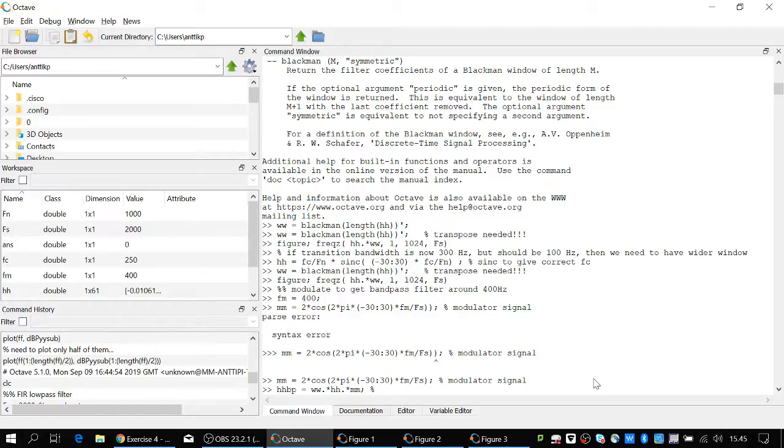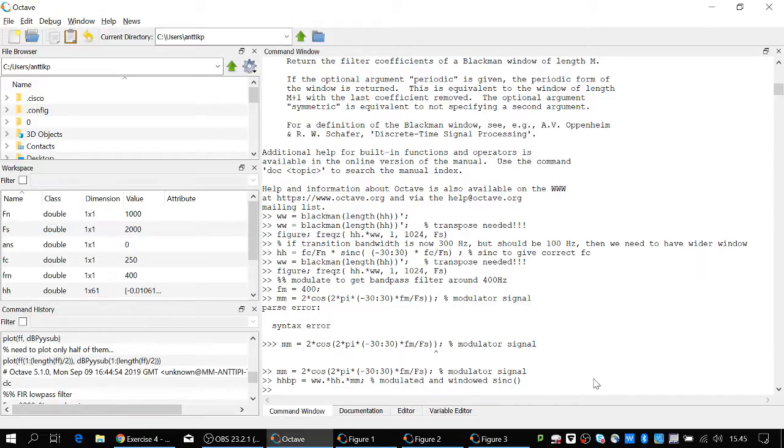Okay, modulated windowed sinc. There we go. Figure: frequency response h8 bandpass. There we go.